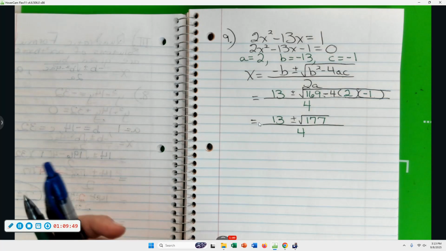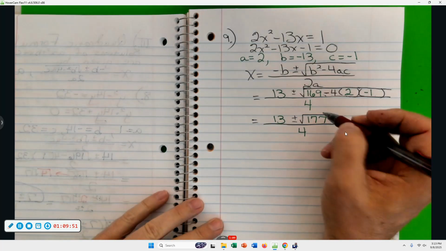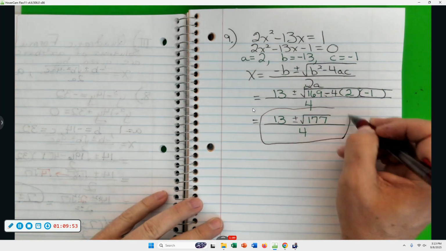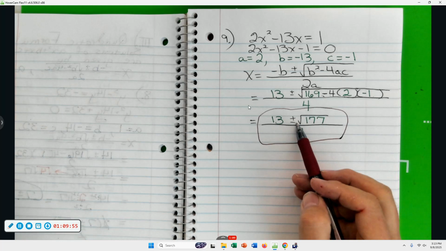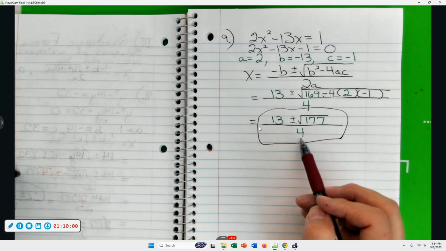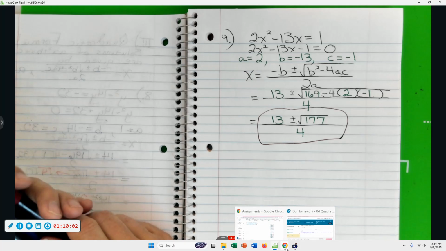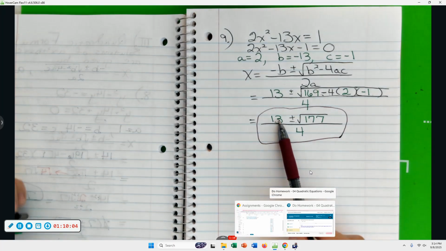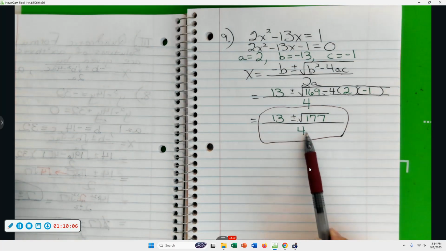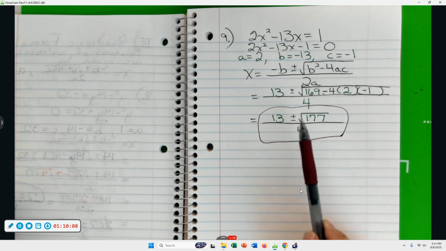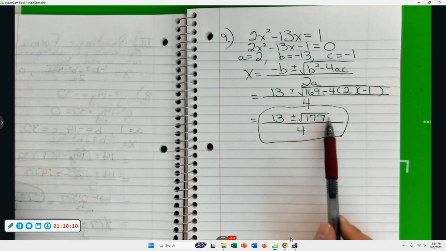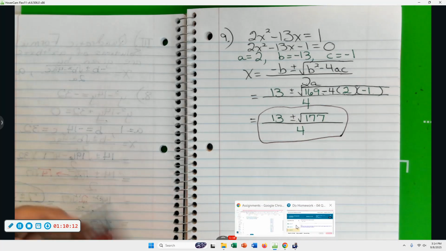You cannot reduce it any further. If you don't have a number in front of that square root, you are not going to be able to factor and cancel. You just stop there. Even if this 13 had been something like a 12, well, 4 goes evenly into 12, the fact that there's not a number there, you can't factor and cancel, just leave it.